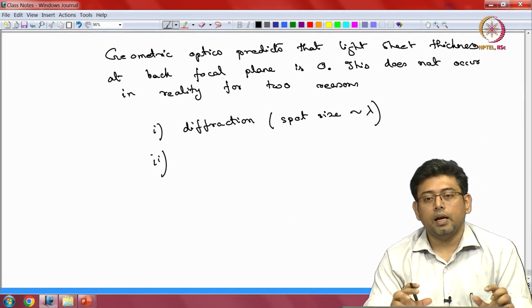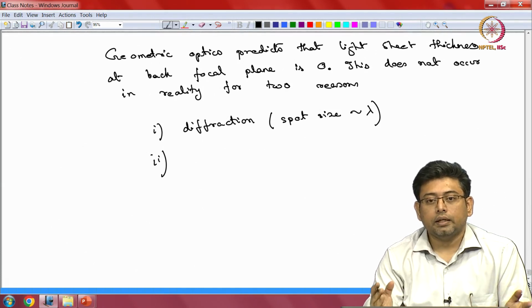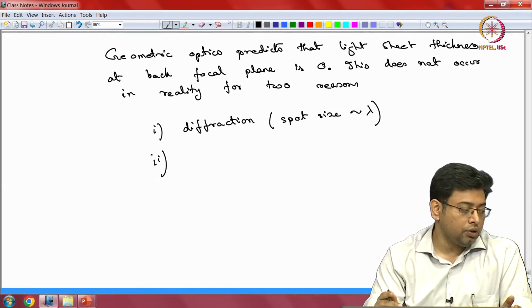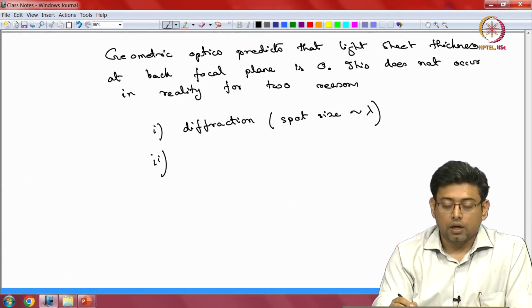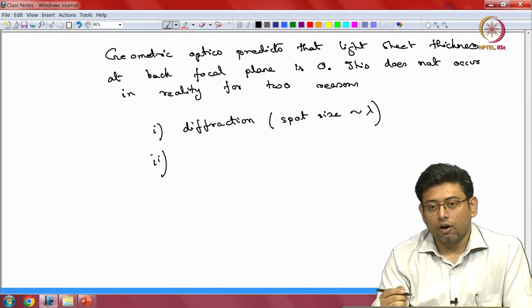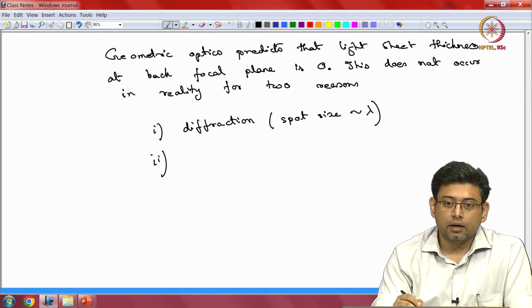So we have to take diffraction into account, and the other reason is that in most cases the laser is formed in a laser cavity, and in the laser cavity there are mirrors which result in a finite beam waist, and because of the finite beam waist the laser cannot be focused onto a single point.